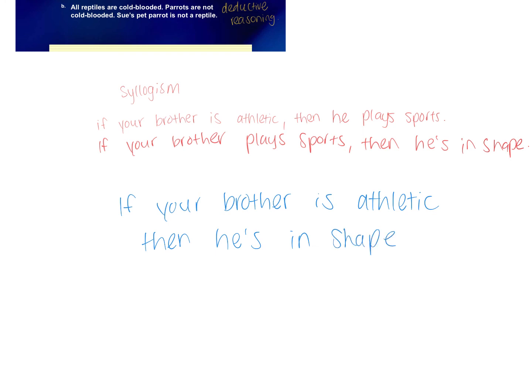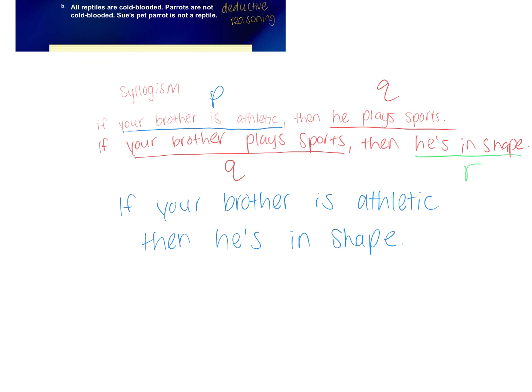Does anyone know where that came from? How did we get there? Cody? Your hypothesis is if your brother is athletic, and then your conclusion, then he plays sports. For the second sentence, if your brother plays sports, that would be the Q, and then the R would be he is in shape.